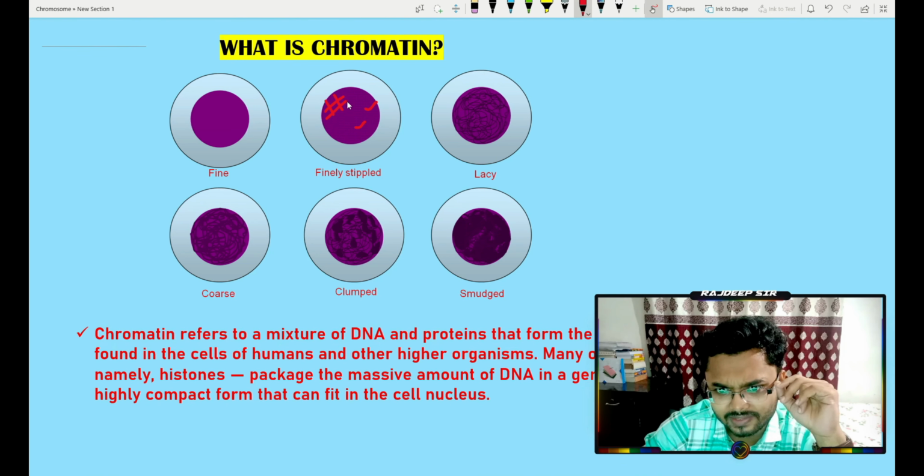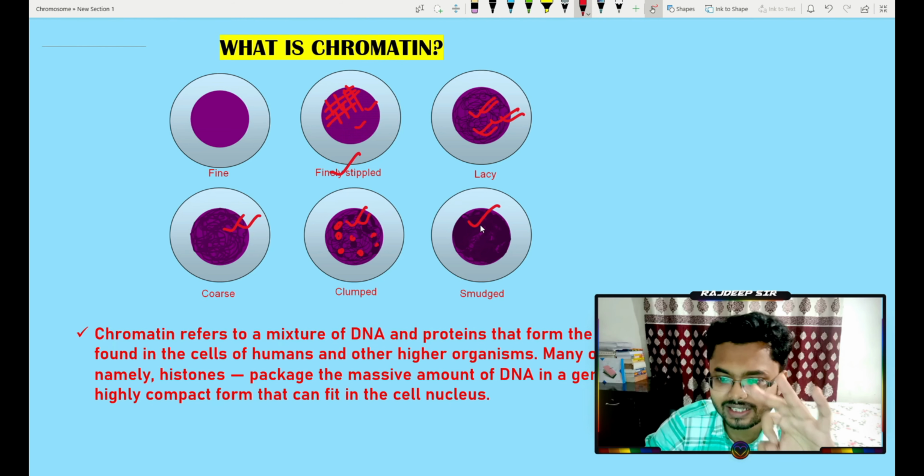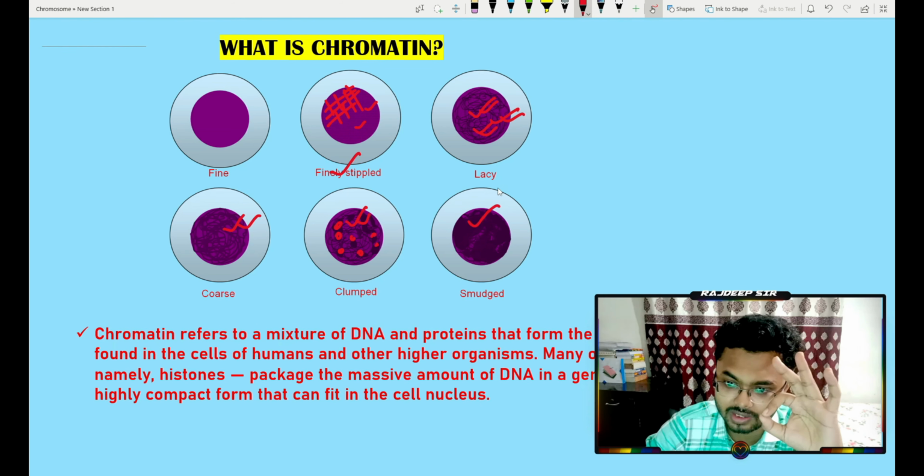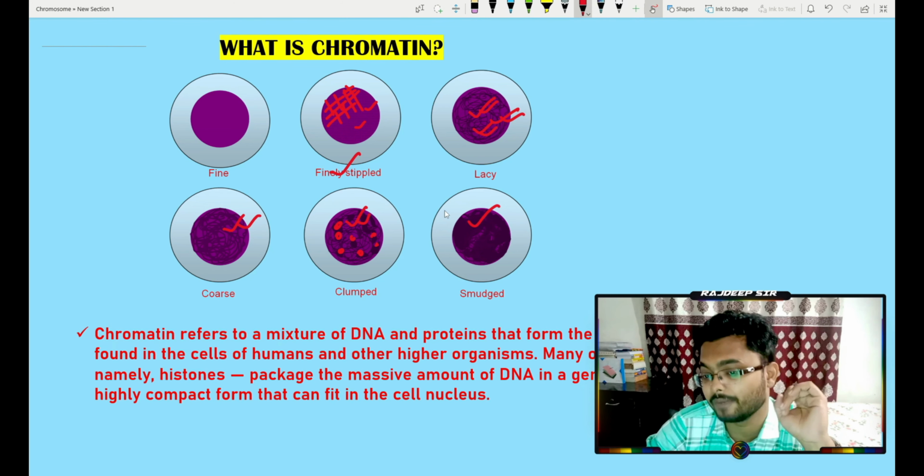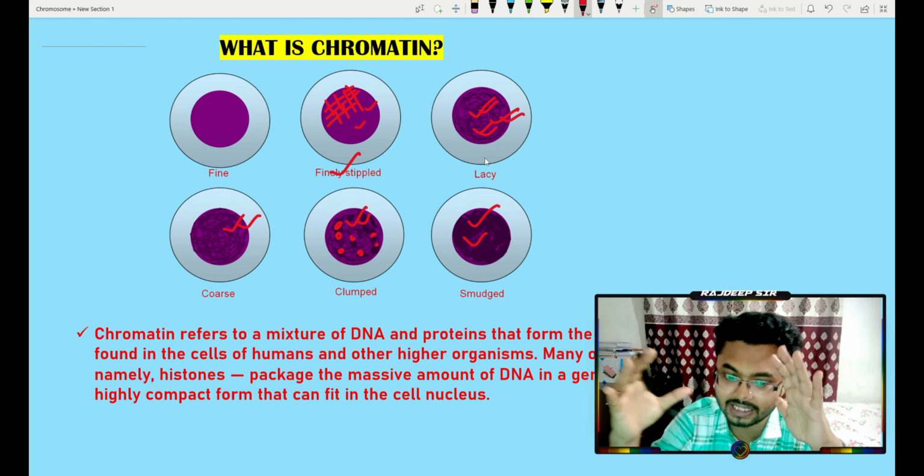Then there are coarse structures, clumped structures, where the chromatin is clumped at some places. And the last one is smudged structures, where it is mostly condensed, which you can tell is the last stage, where the chromatin is now ready to convert to chromosome. So after this stage, the chromatin will get converted to chromosome.